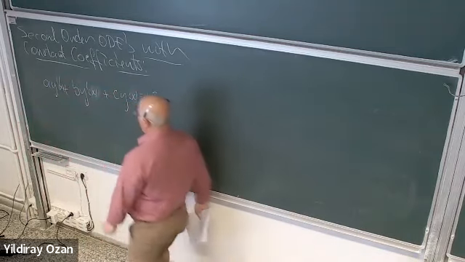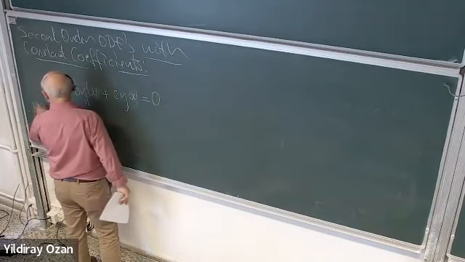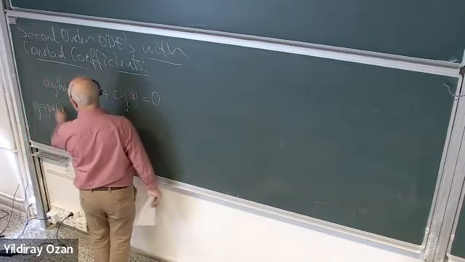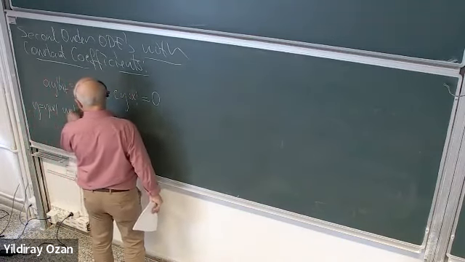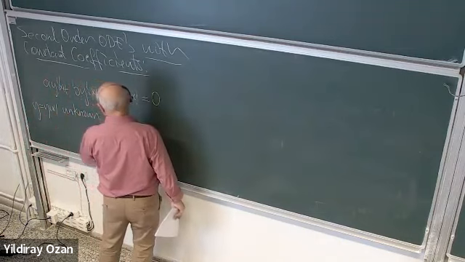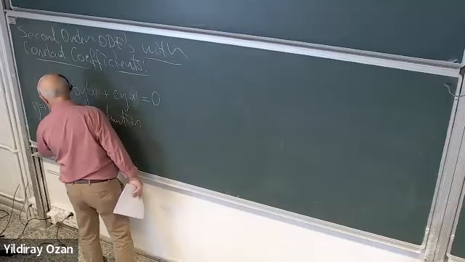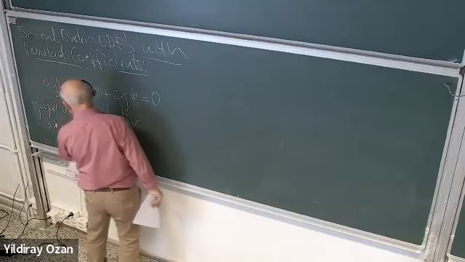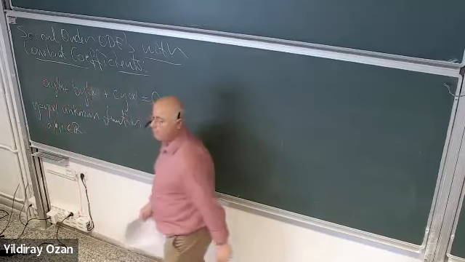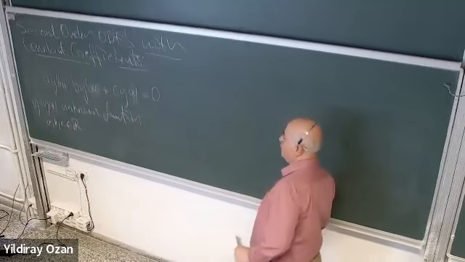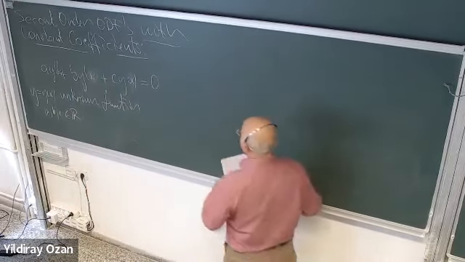So here, y function of x is the unknown function. And a, b, c are just constants. Okay. How can we solve this?